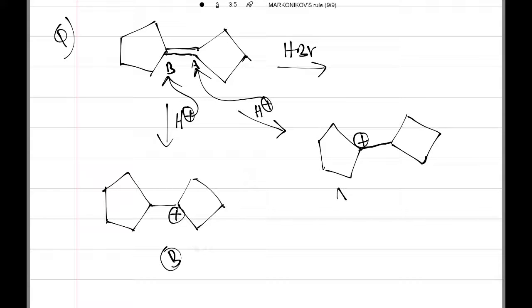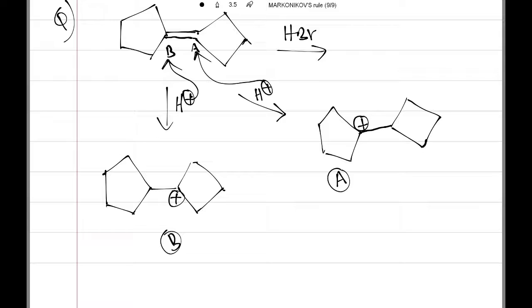Here, which is the most stable intermediate? In this type of condition, we should check the ring strain. If the ring size increases, ring strain decreases; if the ring size decreases, ring strain increases.